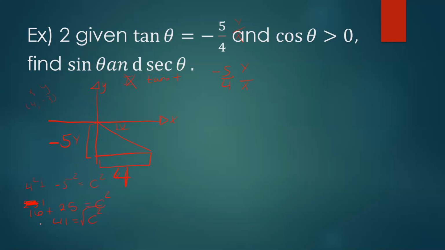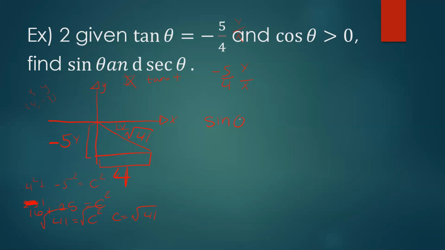Then take the square root of both sides, and you get c equals square root of 41. Now 41 is prime, so you can just leave it as square root of 41. So this radius, or hypotenuse, is square root of 41. Now we can find sine theta and secant theta.